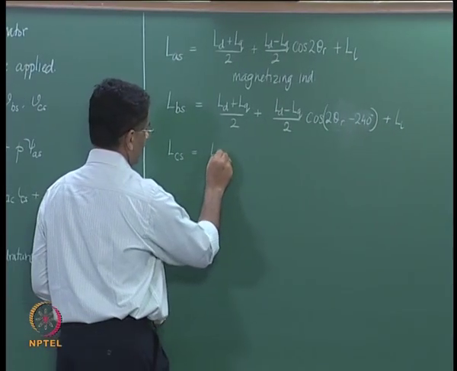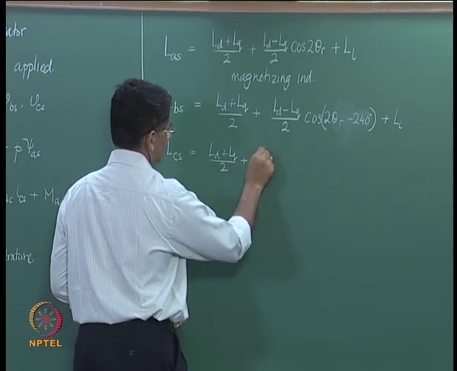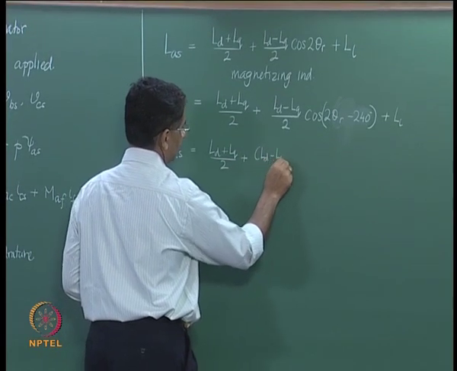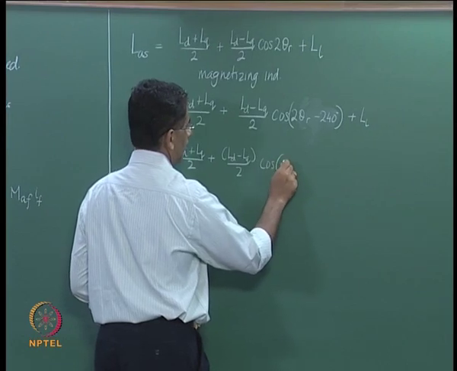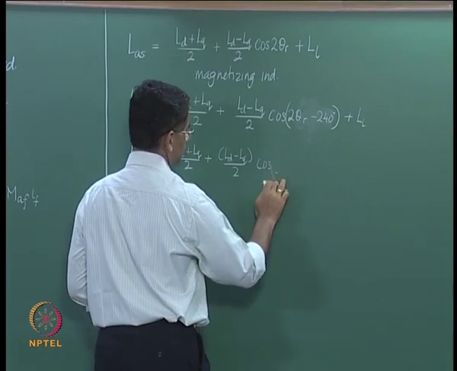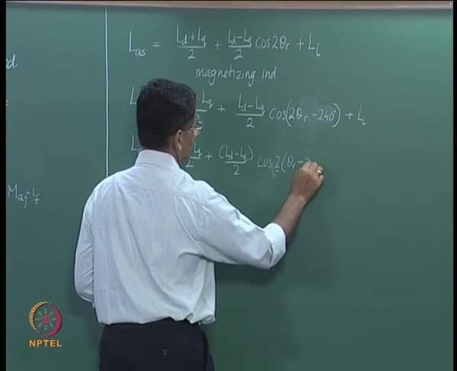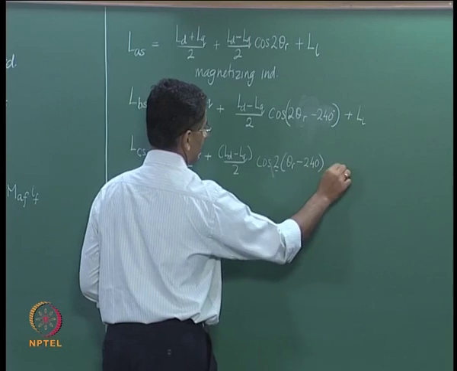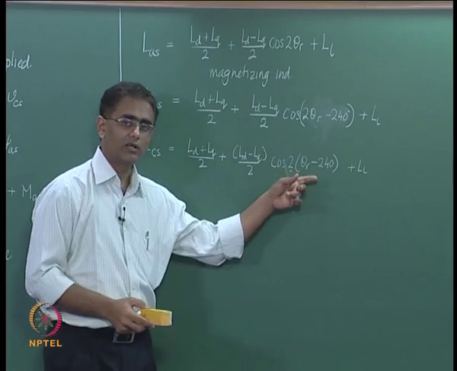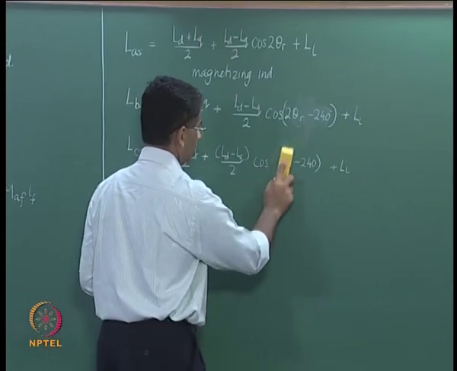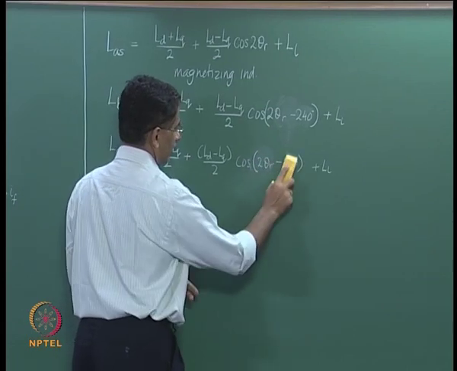You have LD plus LQ by 2 plus LD minus LQ by 2 into cos of 2 times theta r minus 240 degrees plus leakage inductance, and 2 theta r minus 240 is nothing but 2 times theta r minus 480.